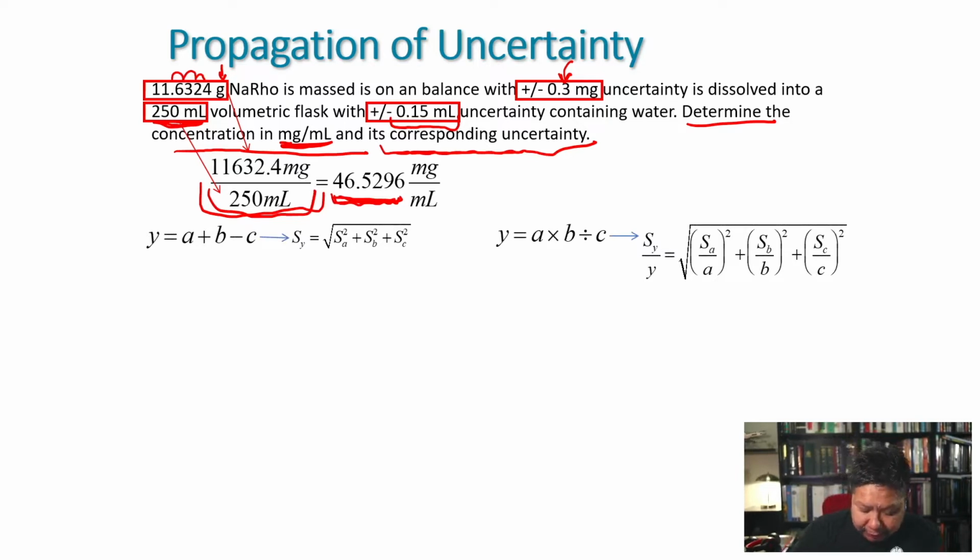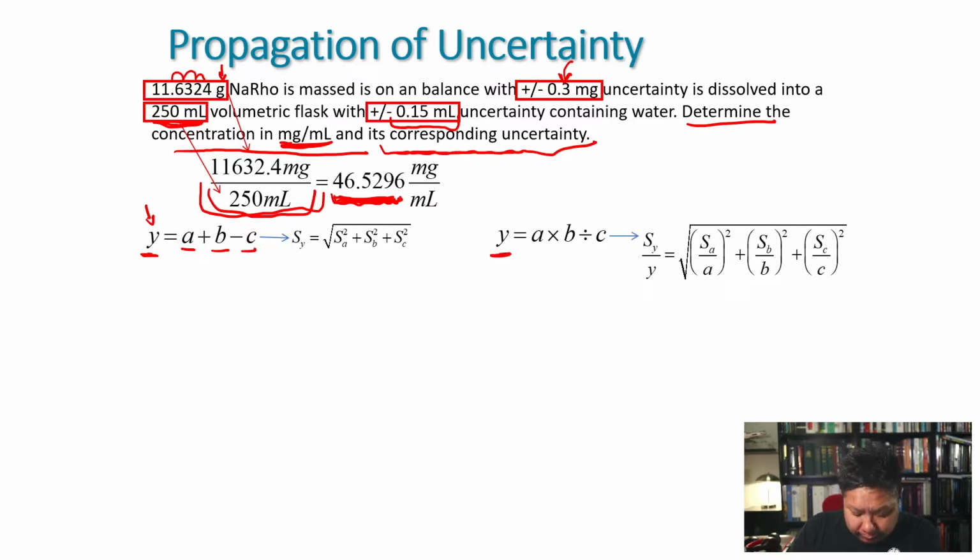So this first equation here, where we have y equals a plus b minus c, what that means is the y here is the value of concentration you got from a mathematical operation. Same here, this y is also that as well.